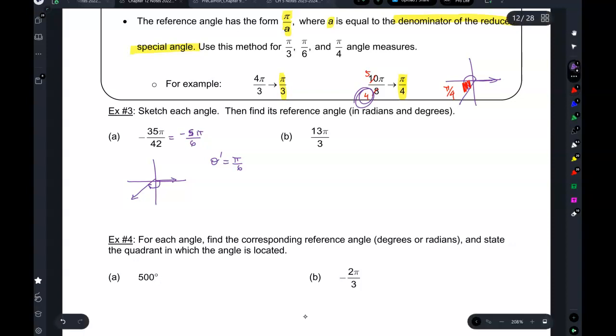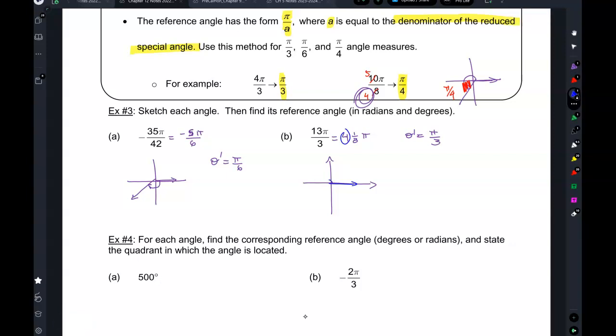Okay, so 13 pi over 3. What is theta prime? Is this a reduced angle? What's theta prime? Pi over 3. Okay, let's graph this one. 13 over 3 is 4 and 1/3 pi. Is that right? So first let's do the 4 pi.